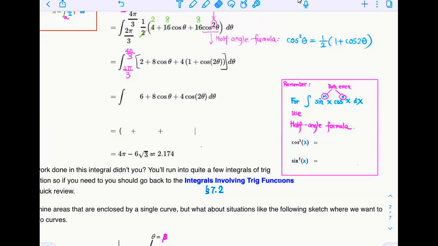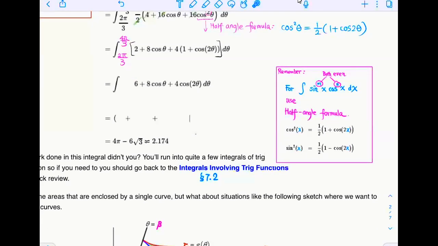Remember, before we talked about integrating functions of this form, when you have sine x and cosine x raised to the m and n power, and if both of them are even, then we use a half angle formula to find the integral. Cosine squared x is 1/2 of 1 plus cosine 2x, and sine squared x is 1/2 of 1 minus cosine 2x.